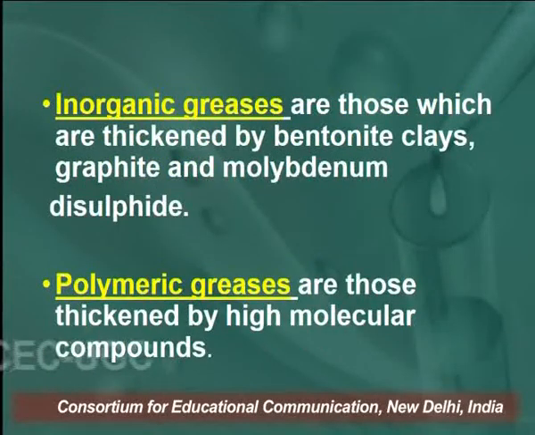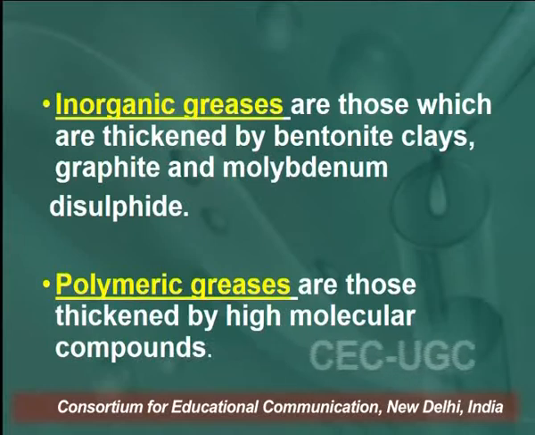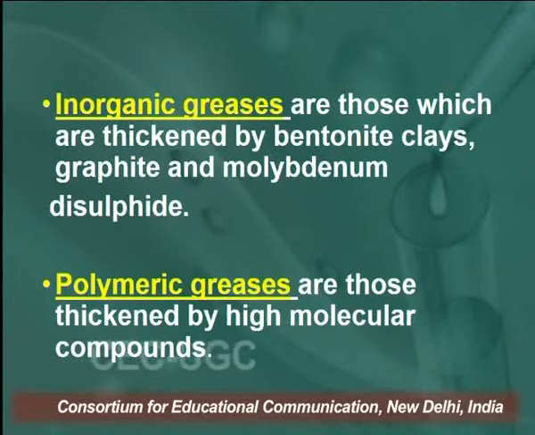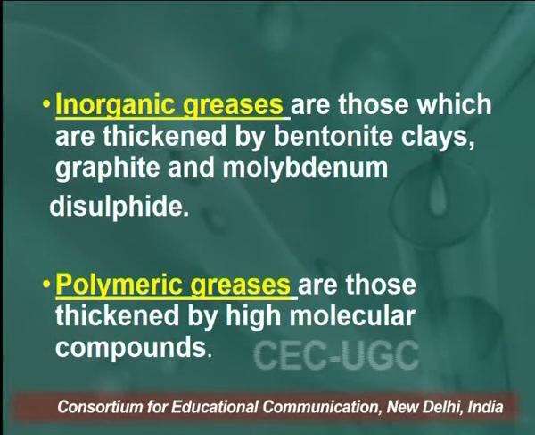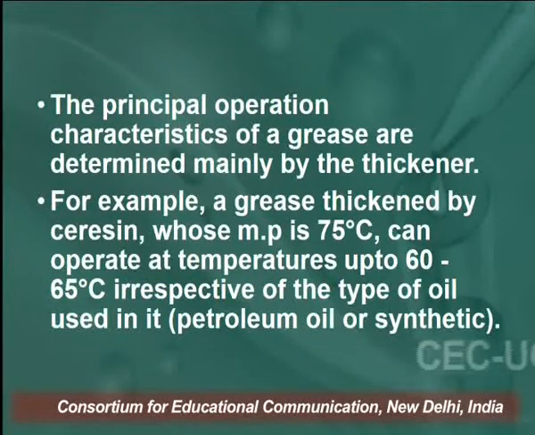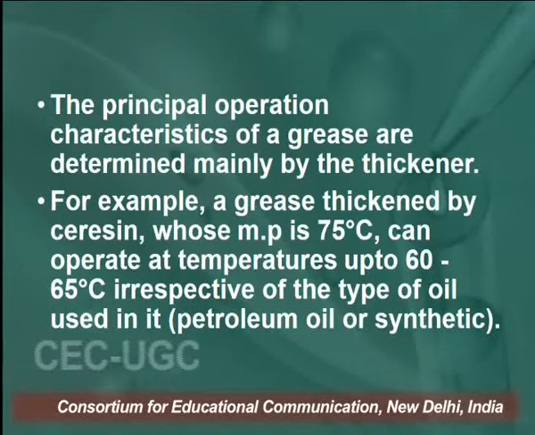We have inorganic greases which are thickened by bentonite clays, graphite, molybdenum disulfide. Polymeric greases are thickened by high molecular weight compounds. The principal operation characteristics of a grease are determined mainly by the thickener.